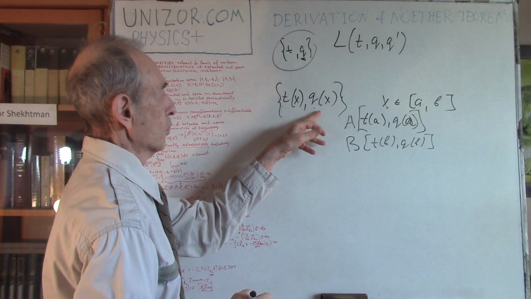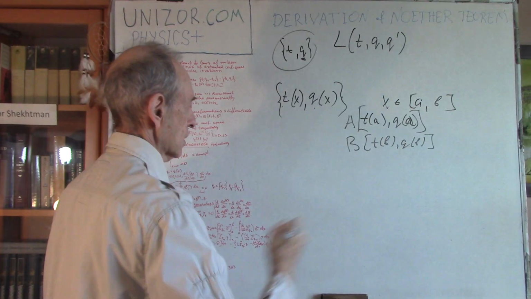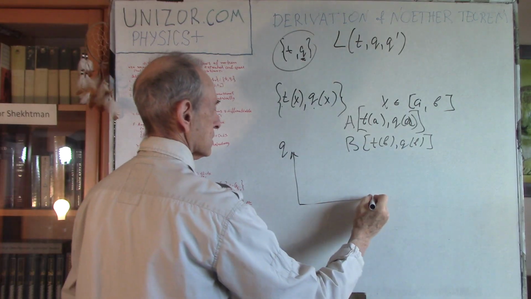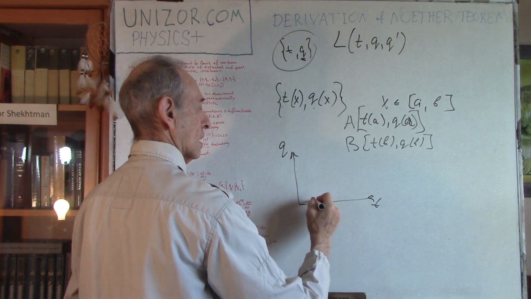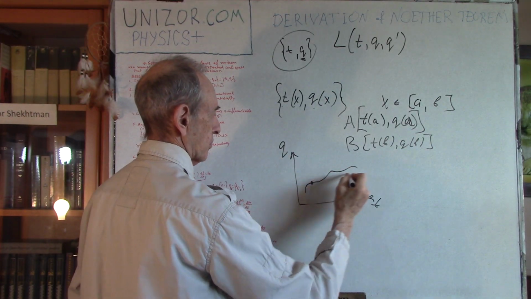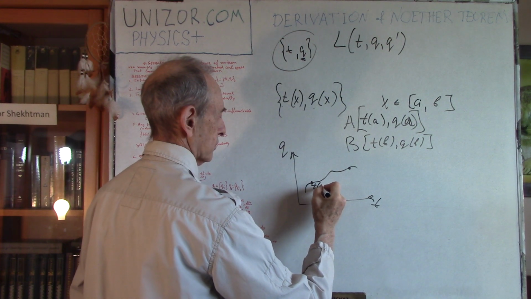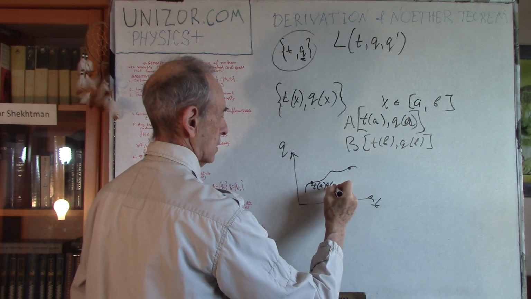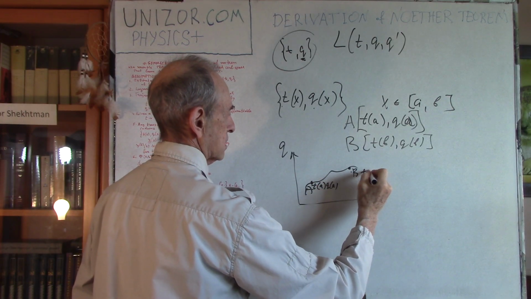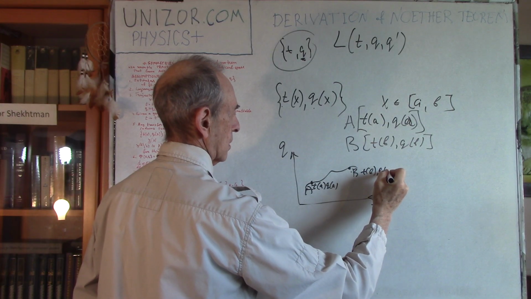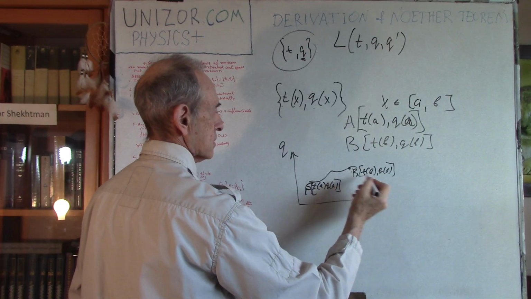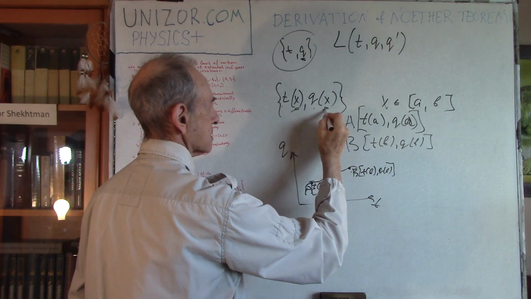So back to one-dimensional space and one-dimensional time. If you have a motion along this line, this is q, and this is t. So this is some kind of a curve. This would be the place called t of A, q of A, this is point A, and point B would be t of B, q of B. So x is just a parameter.